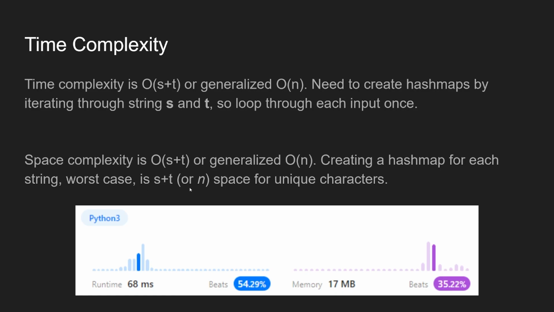The worst case is that both strings have totally unique characters, and we need to have space for every single character. But yeah, so O(n) for both time and space.